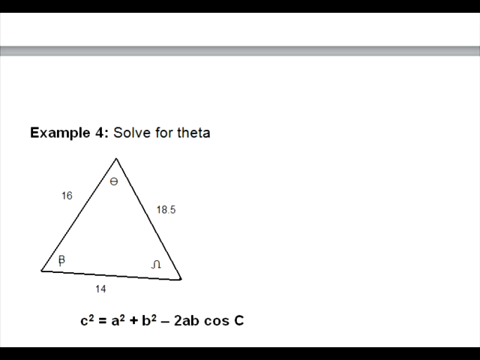Good. Alright, let's sub in some numbers. Now if I'm looking for theta, I'm going to pick on Kim. What is opposite of theta, please? Good, 14. So 14 squared equals 16 squared plus 18.5 squared minus 2 times 16 times 18.5 cosine of theta.